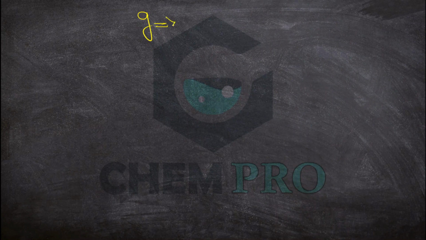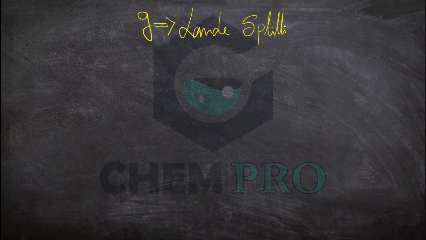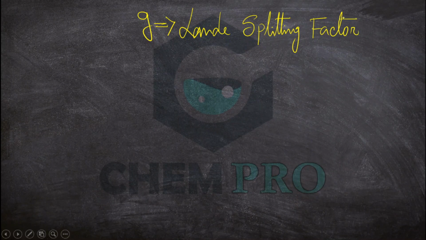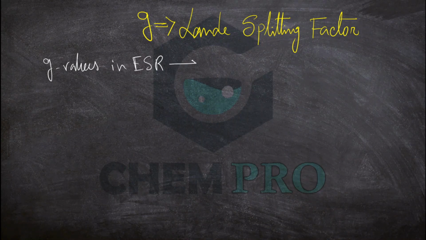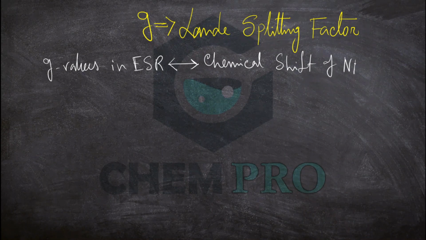So here the G is nothing but the Lande splitting factor. Okay, this is the Lande splitting factor, and we can just say that the G values in ESR is nothing like the chemical shift of NMR spectroscopy.